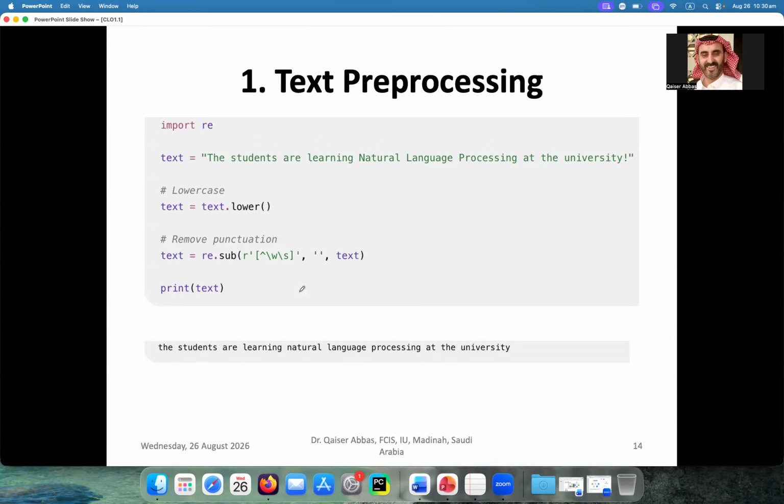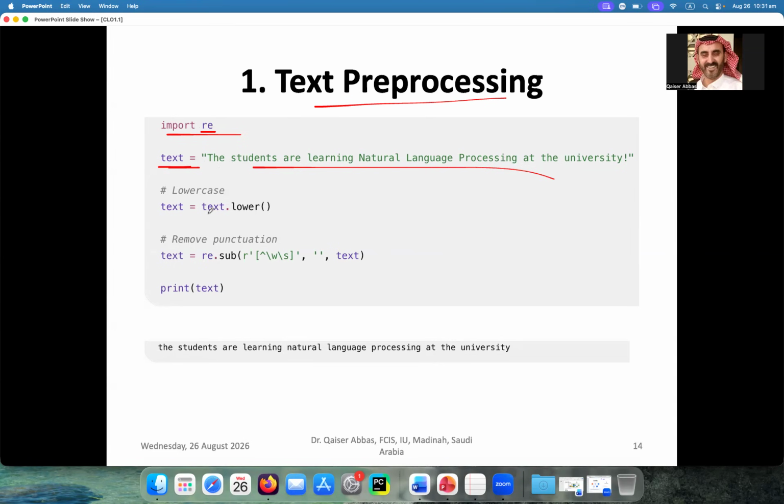If you have your laptops with you, open your laptops, go to Google Colab and try to type this text and see what will happen. For example, here for text processing, we are using this library, which we are importing, called re, regular expression. And here we are storing this string in text.